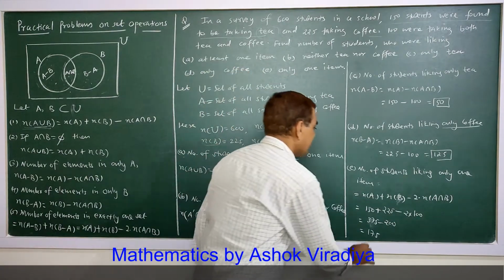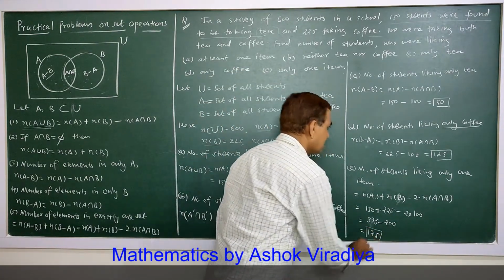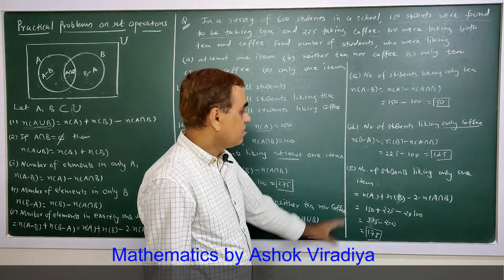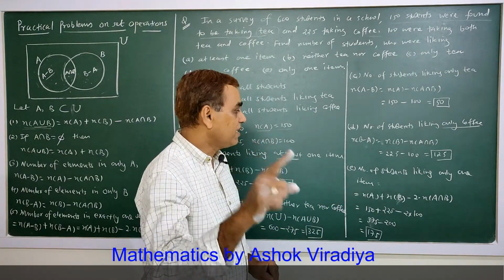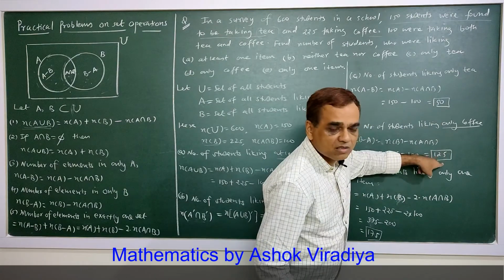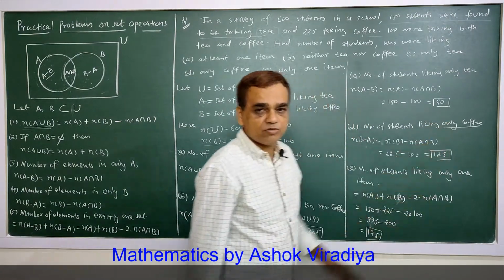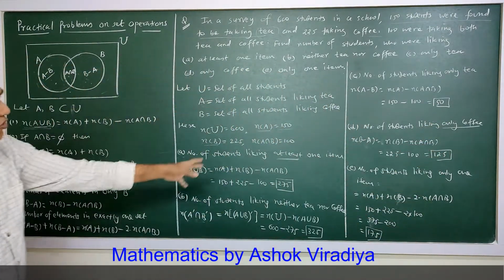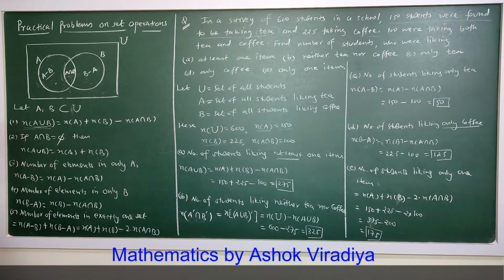So there are 175 students liking exactly one item, which means the sum of these two numbers, 50 plus 125. So this was the application of this result.